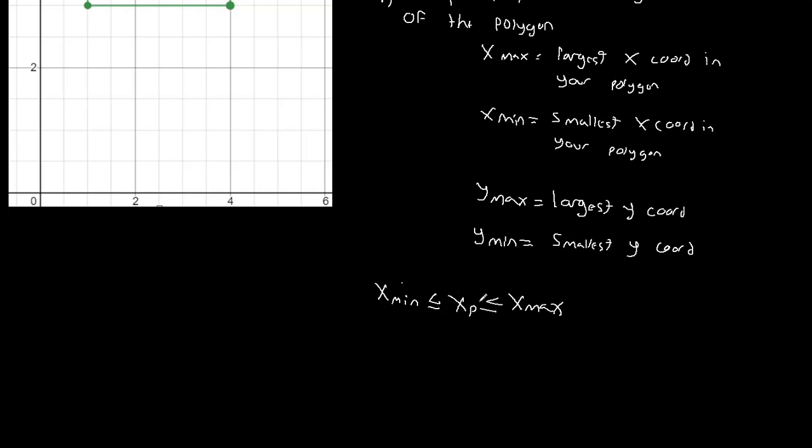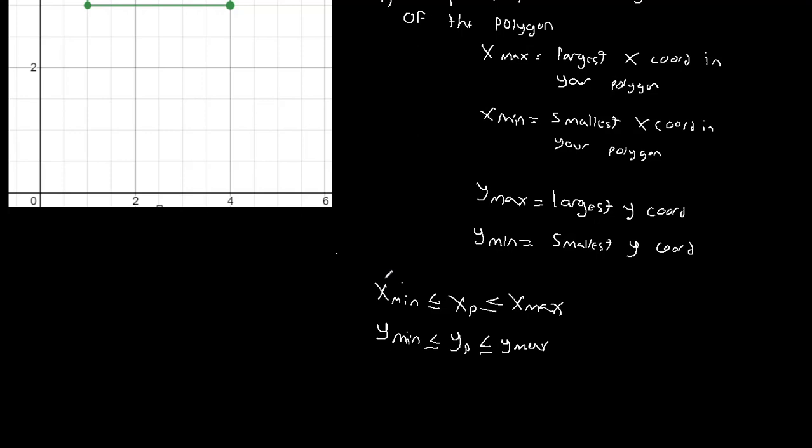This is saying, does the x coordinate fall within the x range of the bounding box of the polygon? And the same thing for y: does y min fall within y sub P less than y max? If either one of these is false, we can just stop. We know for a fact that there is no way the point will be inside of the polygon.